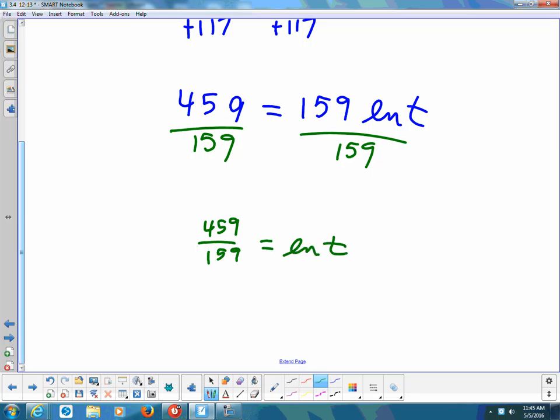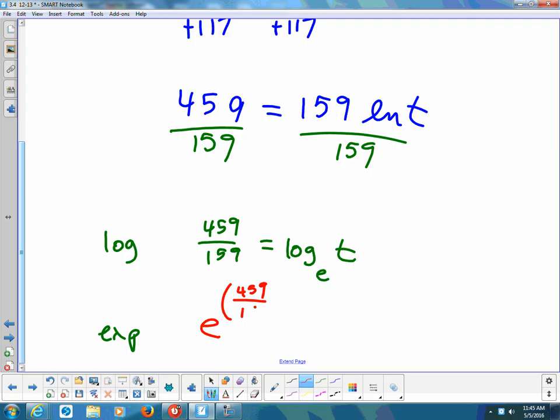Remember, that's the same as log to the base e of t, and so to solve for t, I would rewrite it from log form into exponential form. So I would write it as e raised to the 459 over 159 equals t.